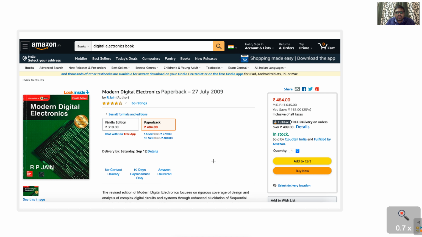But the first book is the better one from the problems point of view. There they provide problems as well as concepts, and Verilog coding also in this textbook.